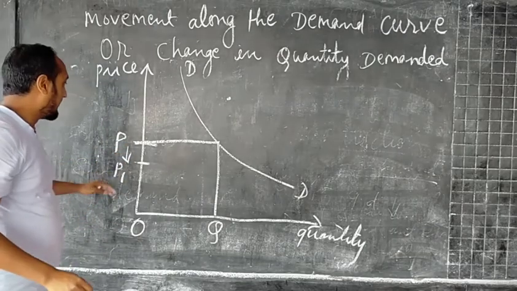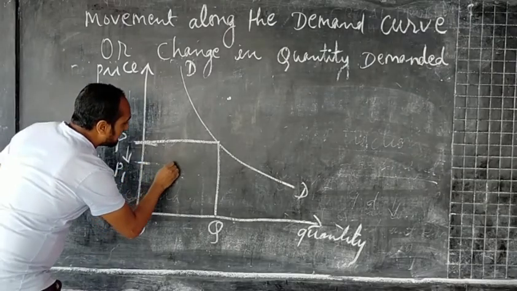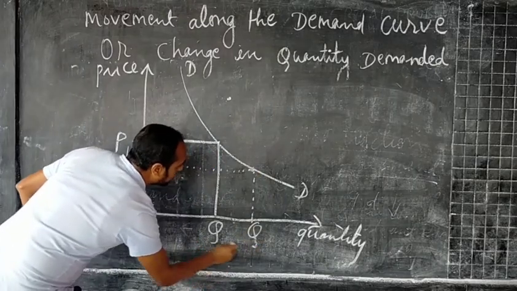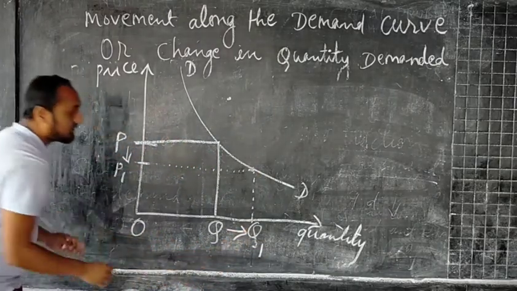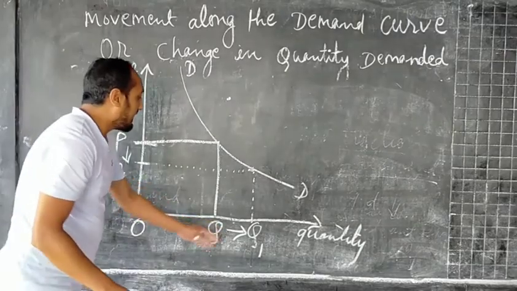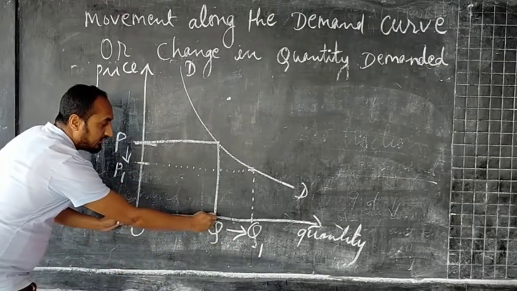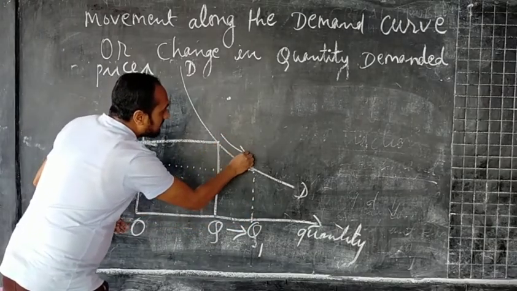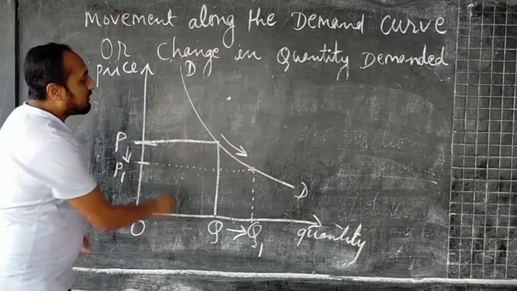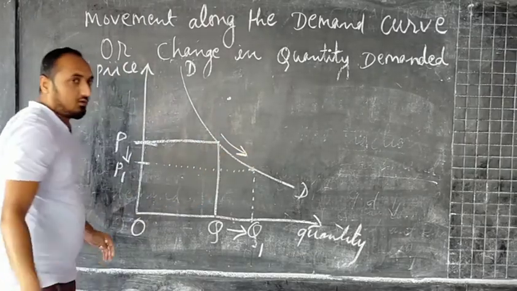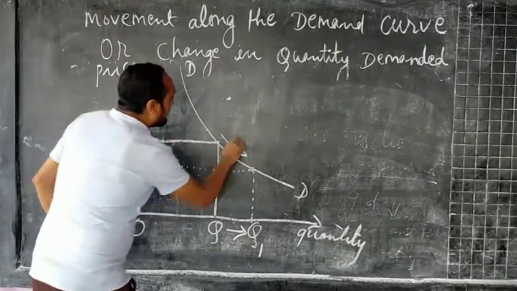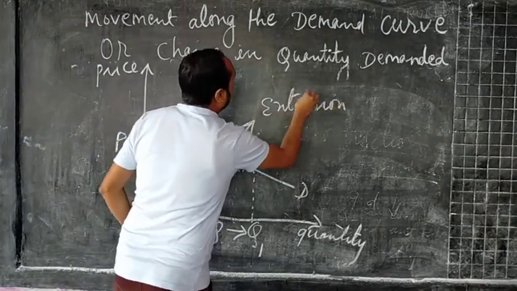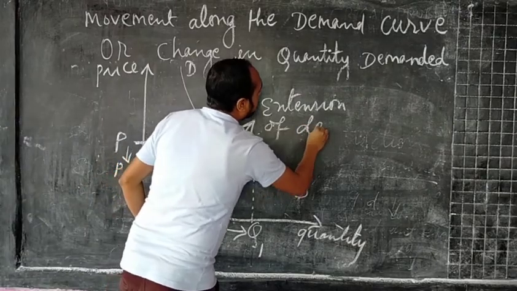We can see that the quantity demanded increases from Q to Q1, a rightward movement on the quantity axis, that is, from OQ to OQ1. So there is a downward movement on the demand curve. This indicates the extension of demand.